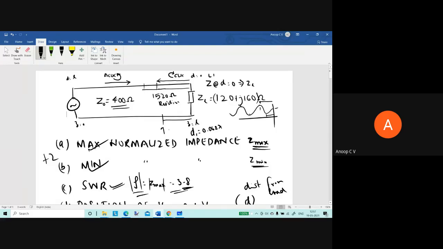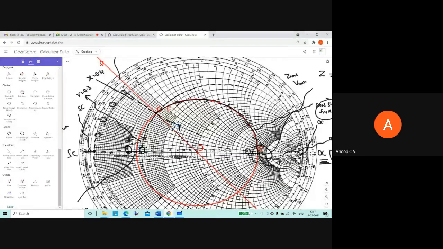And the position corresponding to the first maxima, which I'll mark as D2, we need to find what that is. For that we should find this point, if you draw a line joining D and E, where it intersects. So for that I'll take a line segment.